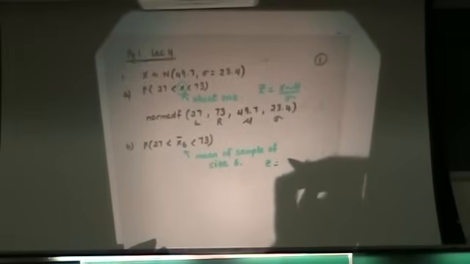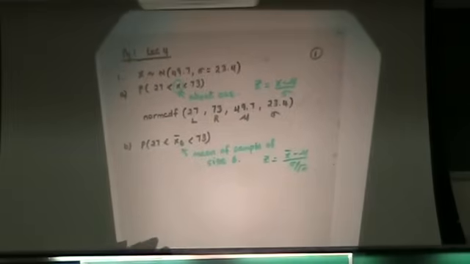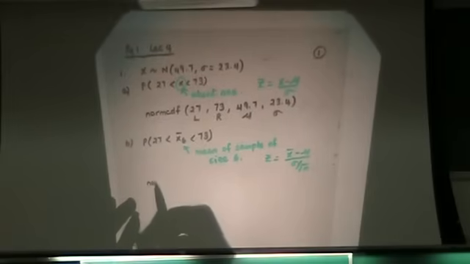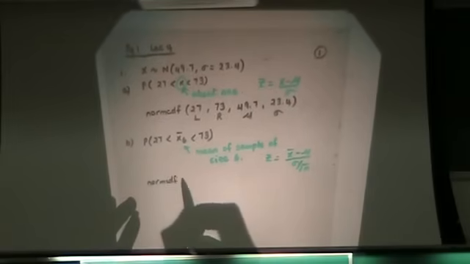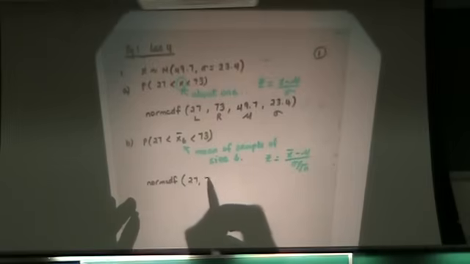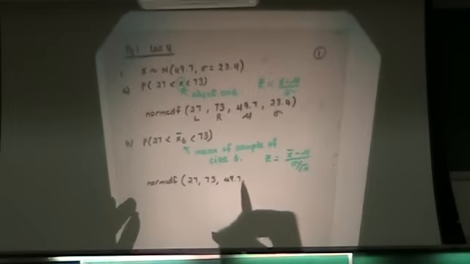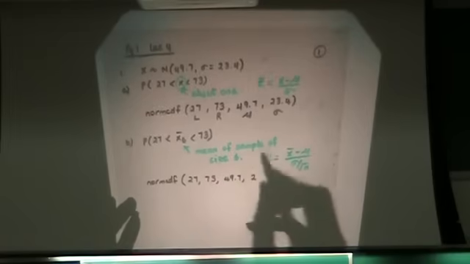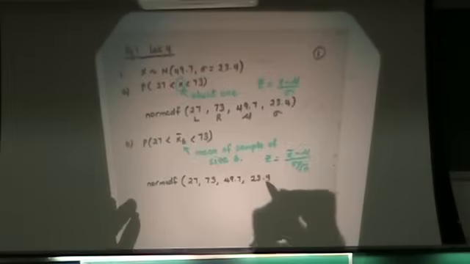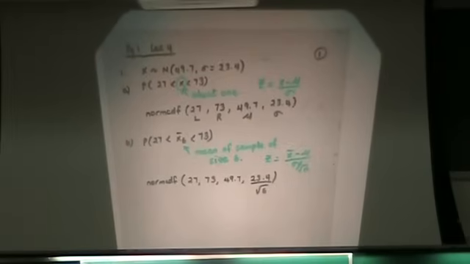So I'm using z equals x bar minus mu over sigma over rad n, right? So this would be norm CDF, 27, 73, 49.7, and sigma over radical 6. You get it?